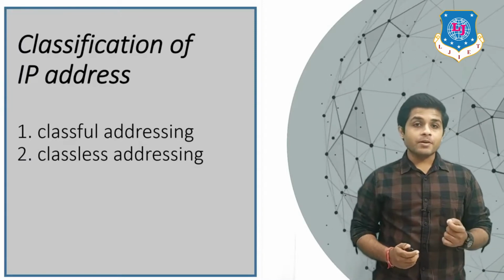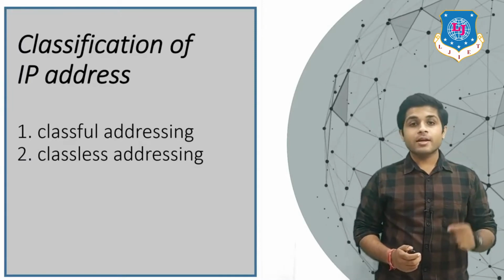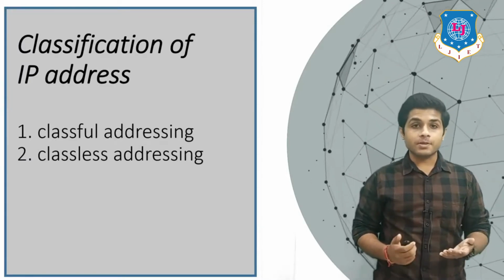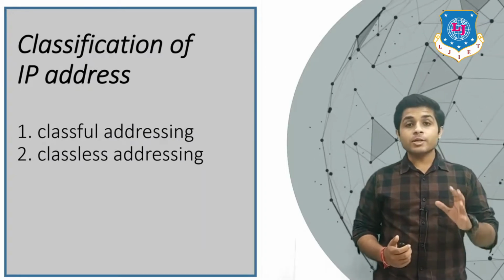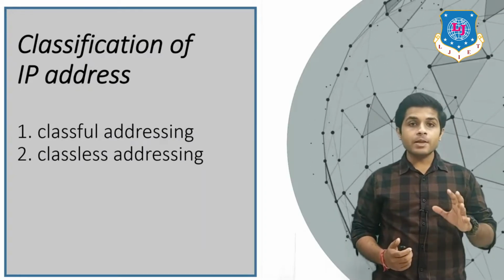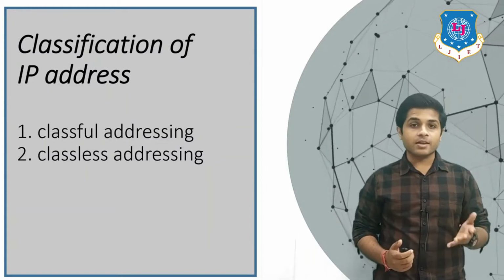If you remember the IPv4 address, the length of the address was 32 bits. So 2 raised to 32 means 4 billion IPv4 addresses are there.